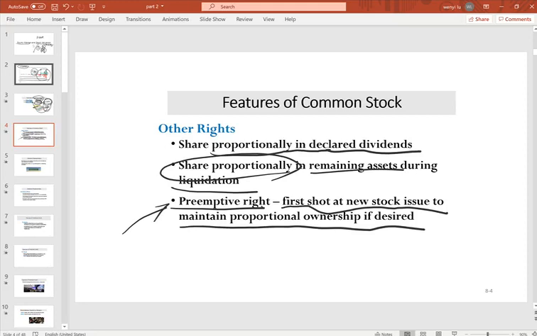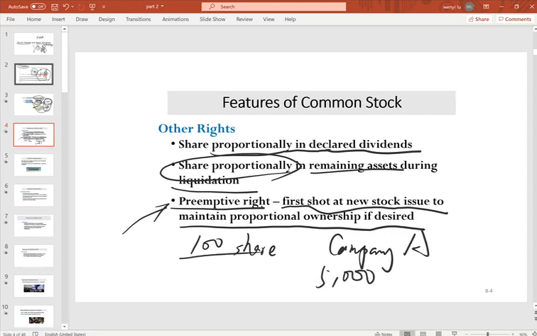For example, you hold 100 shares in company A, and company A has issued a total of, for example, 5,000 shares. Your ownership in this company is 100 over 5,000, equal to 1 over 50, equal to 0.02. So you own 2% of this company.